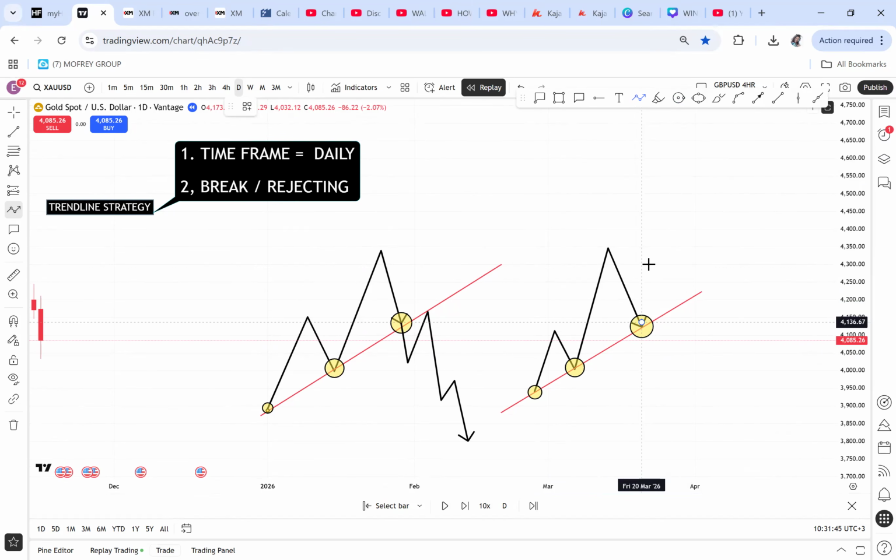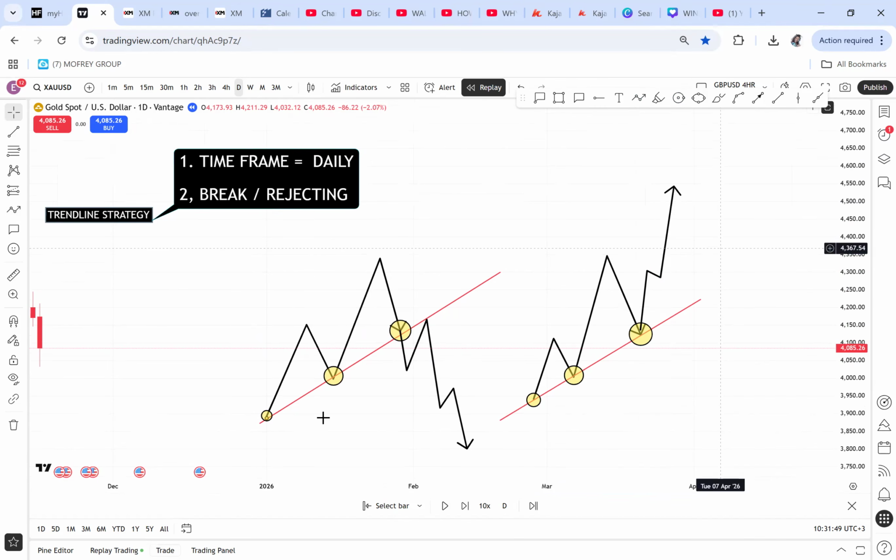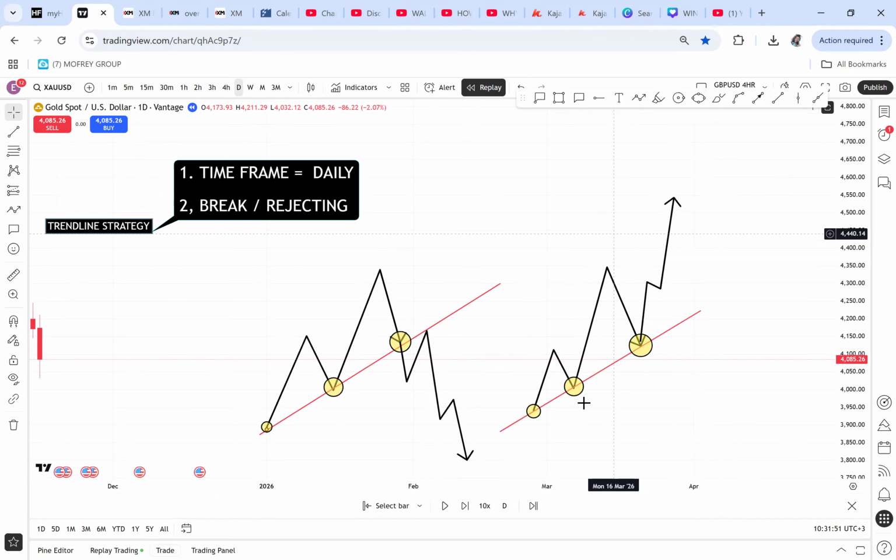So even before you trade your trend line strategy, you have to know that these are the 2 things that can happen with your trend line. I don't know if when you trade trend line, you have ever considered that the trend line can either break or reject. Now, you have to have a strategy if the market breaks, and you have to have a strategy if the market rejects.